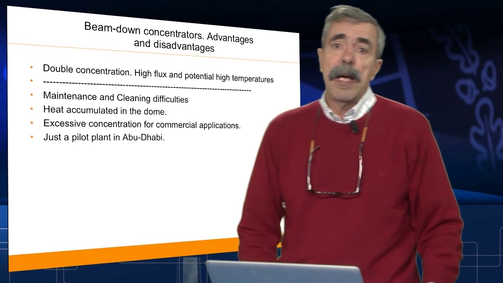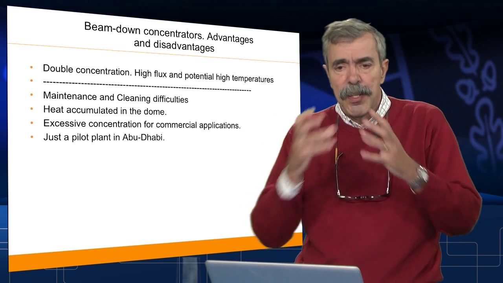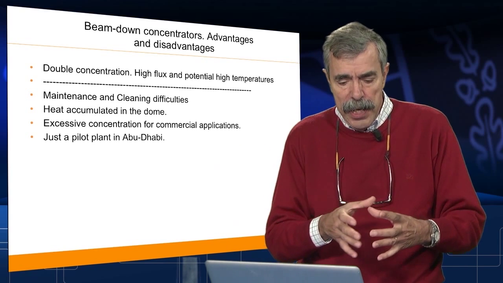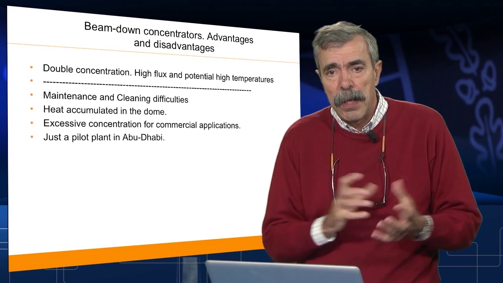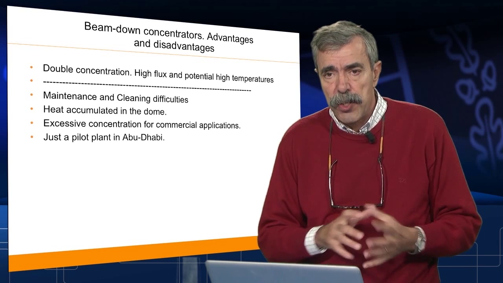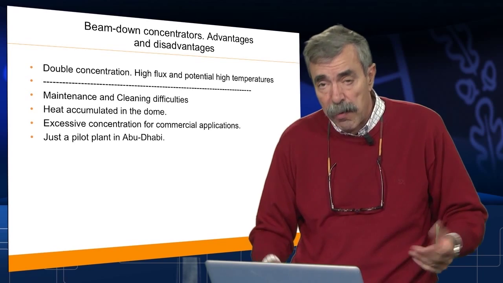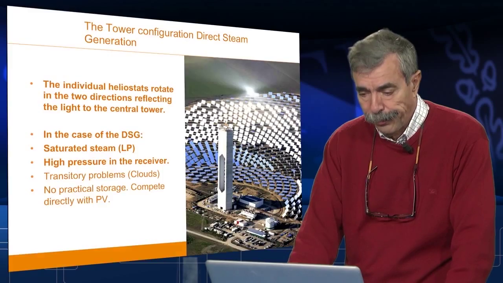You might be concentrating 1,000 times the solar radiation, but then you will be melting all the materials available. So my question is what to do with this high concentration of energy. My impression is that this is just a pilot plant in Abu Dhabi that will never be converted into a commercial application.